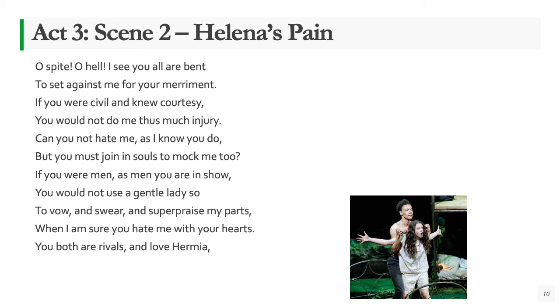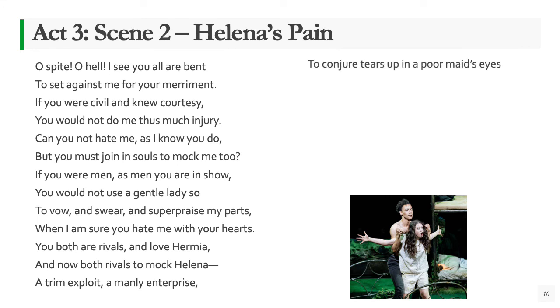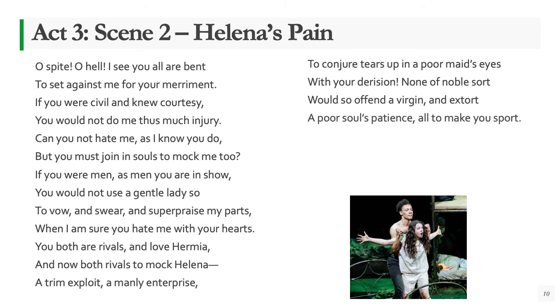You both are rivals and love Hermia, and now both rivals to mock Helena. A trim exploit, a manly enterprise, to conjure tears up in a poor maid's eyes with your derision. None of noble sort would so offend a virgin and extort a poor soul's patience, all to make you sport.